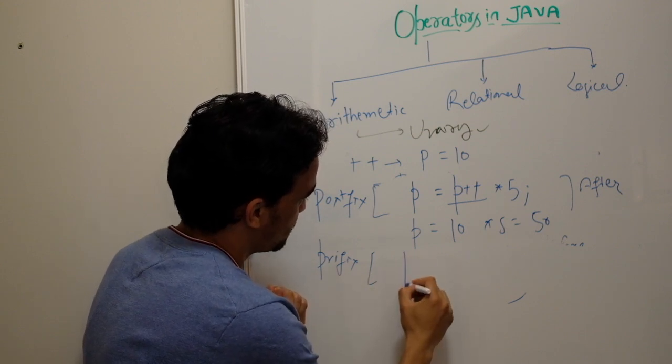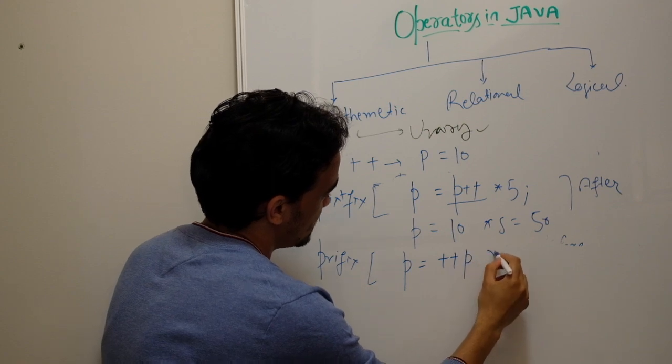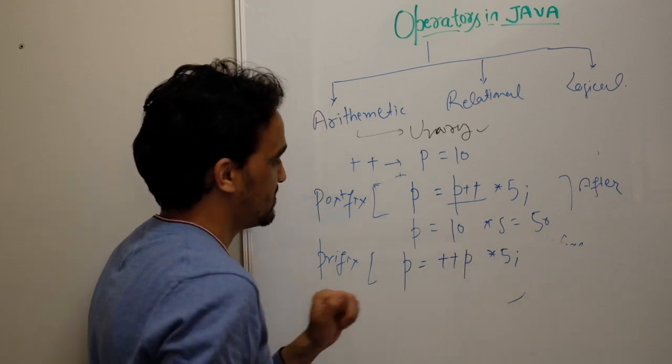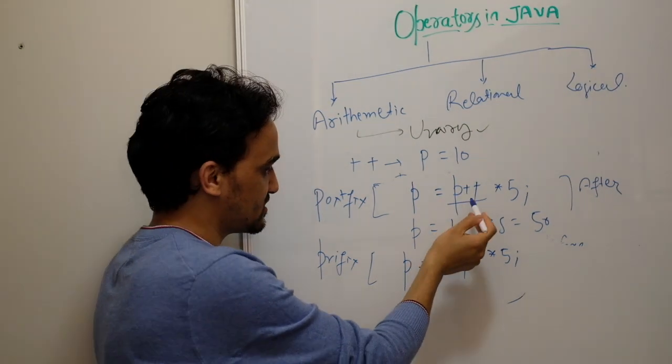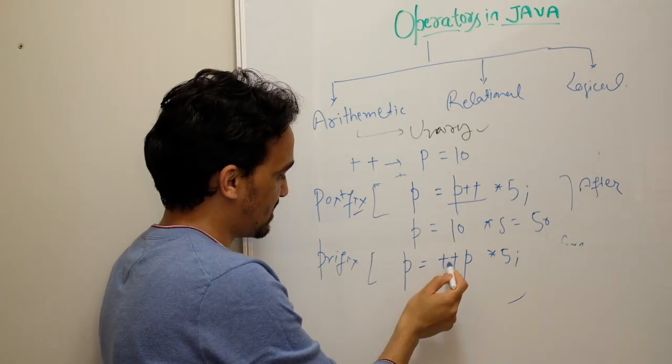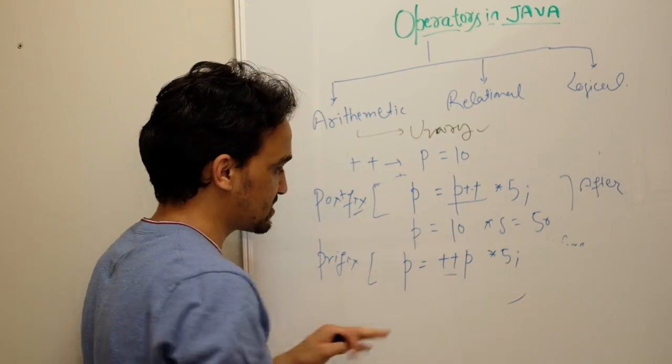Now let's take the similar example for the prefix case: p equals plus plus p into 5. I have only changed the position of the operators. It was postfix, now I'm making it a prefix.